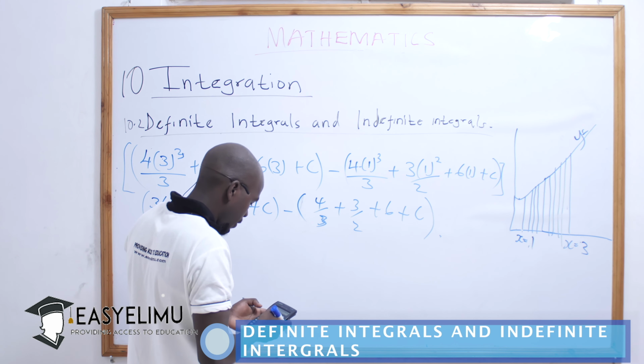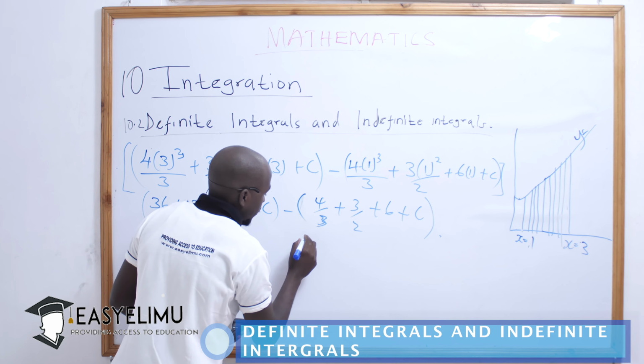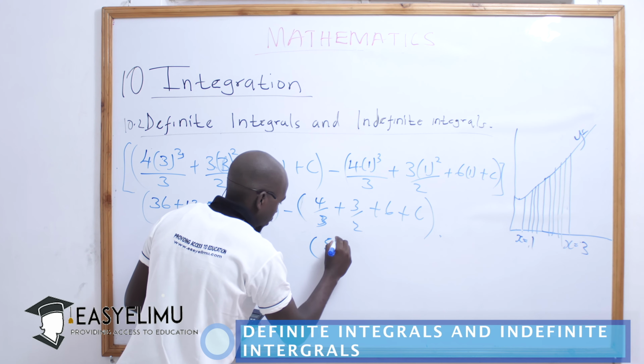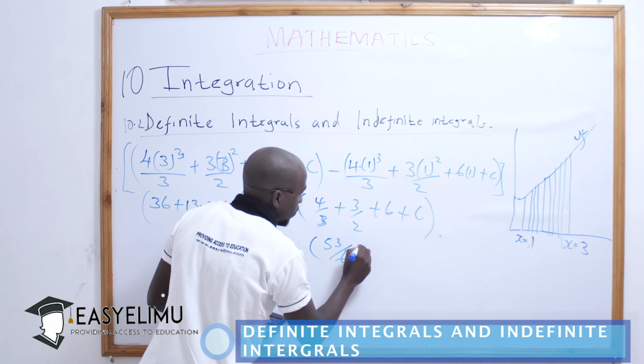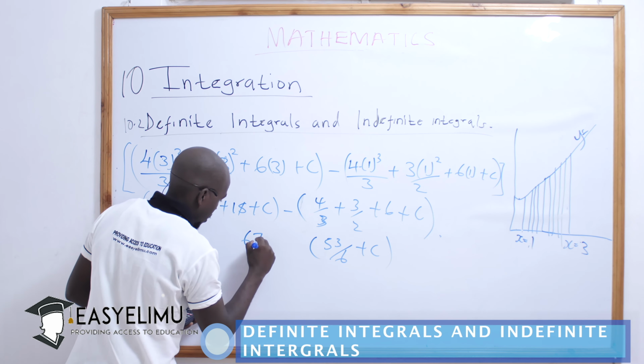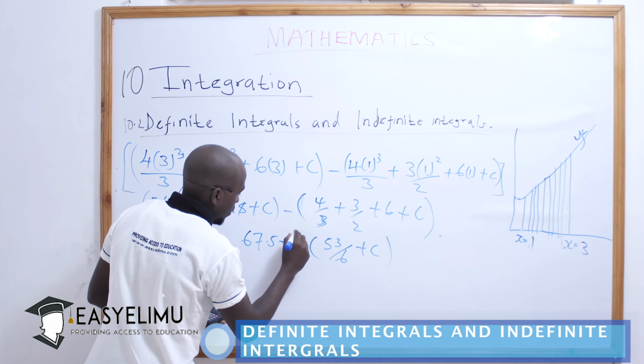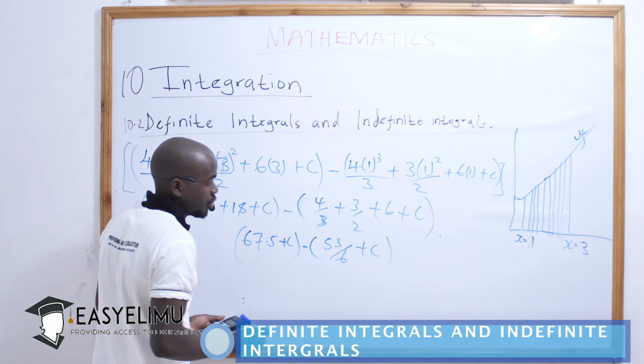So on addition of this, in the bracket I'm getting 53 over 6 plus c, and here 67.5 plus c, but here we have a subtraction sign.